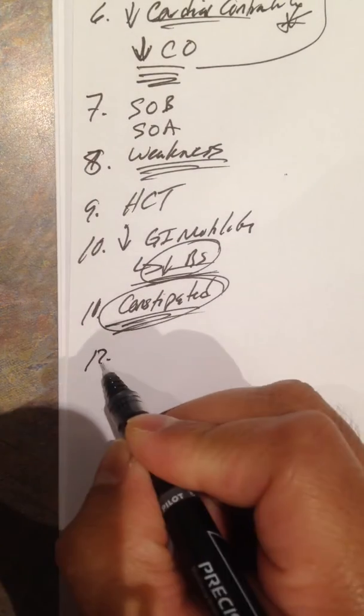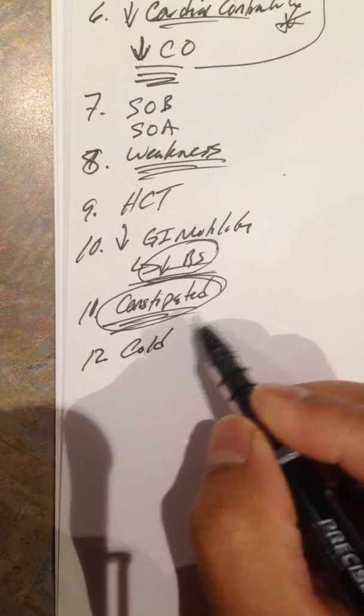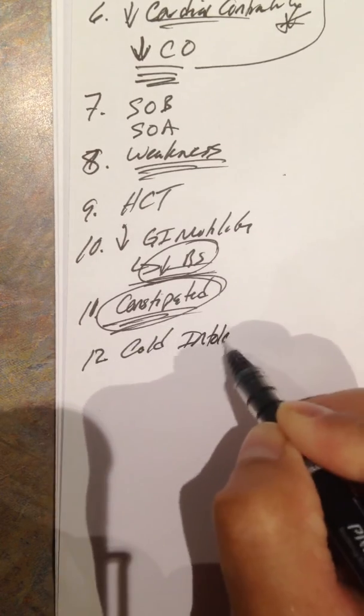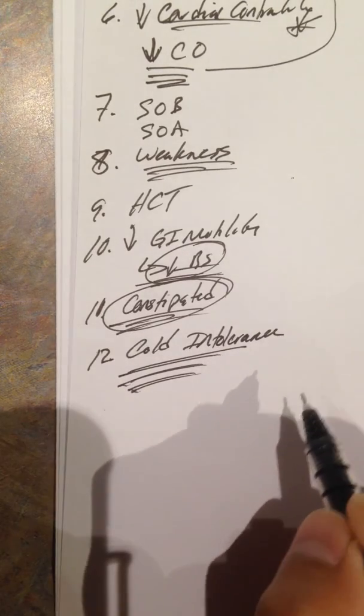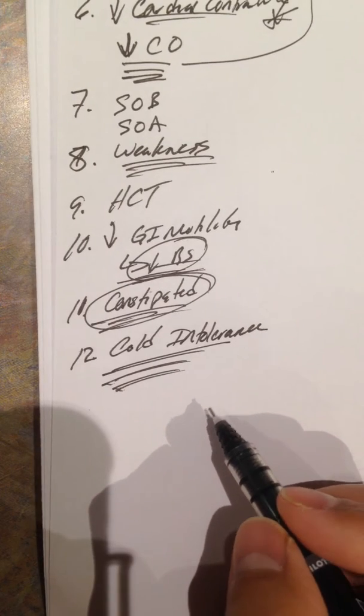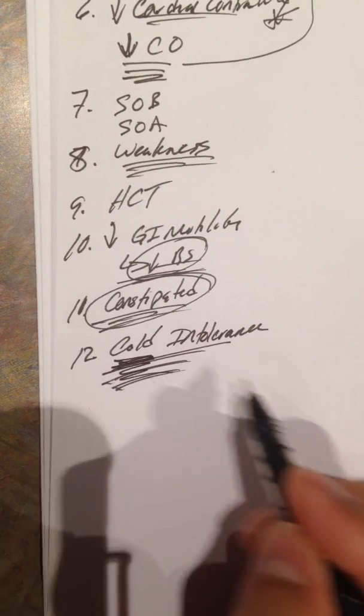A big one that you want to know is these patients are very, very prone to cold intolerance. So you always want to assess their temperature. You want to make sure that they do not become hypothermic. Okay?